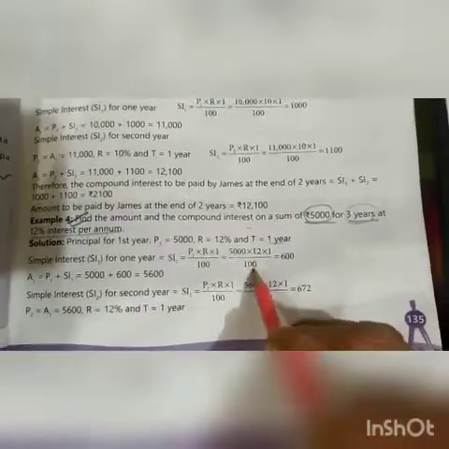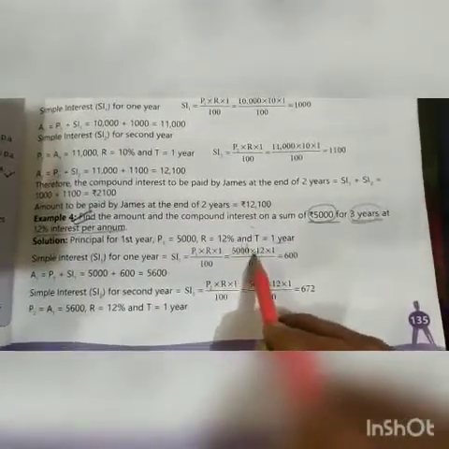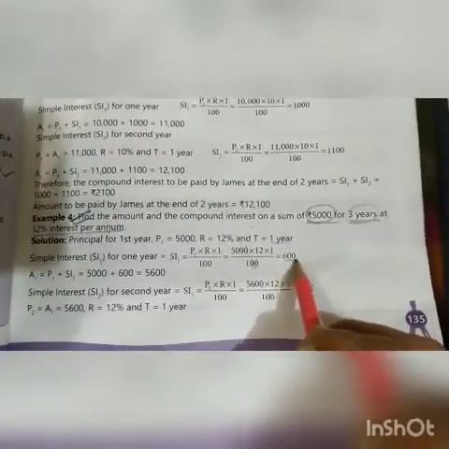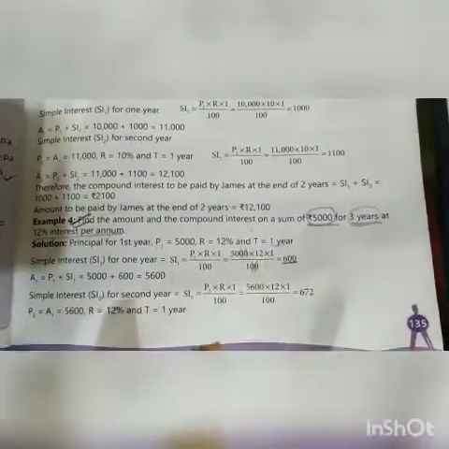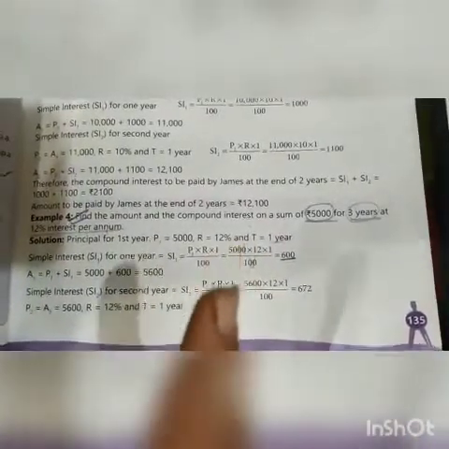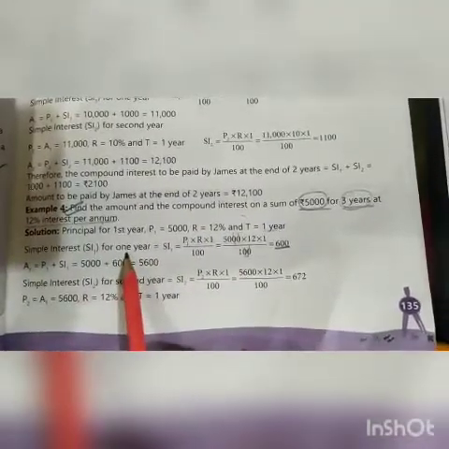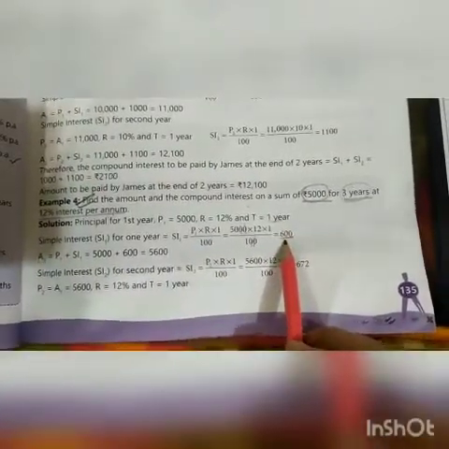See, 0 0 cancel, 0 0 cancel, then 50 into 12 is 600. This is the simple interest only for 1 year, not 3 years, and we get it as 600 rupees.